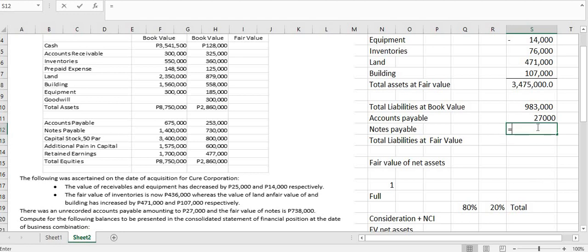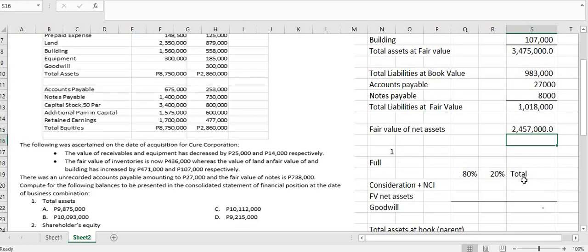So undervalued siya by how much? Undervalued siya by 8,000. Therefore, our total liabilities at fair value is 1,018,000. So the fair value of our net assets is 3,475,000 less 1,018,000. That's 2,457,000. Okay. Then to compute for the goodwill.